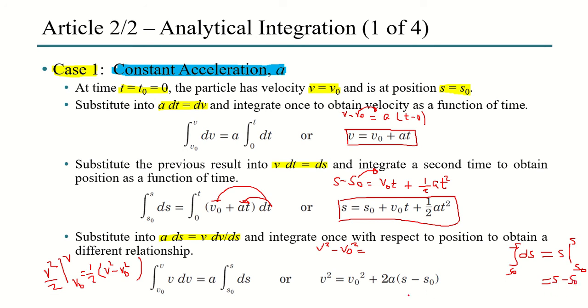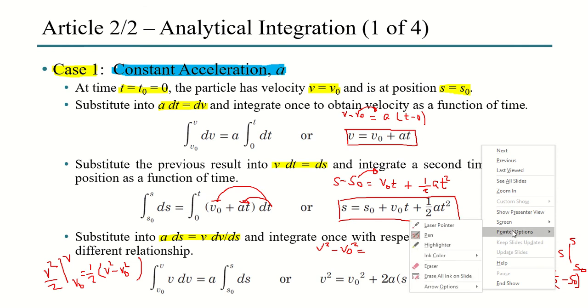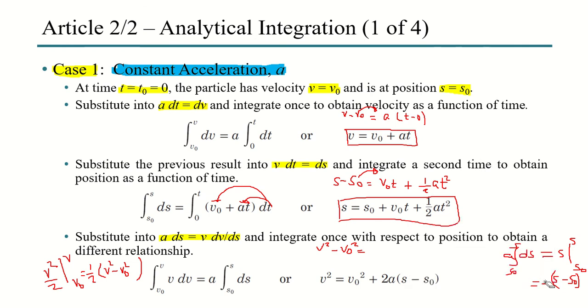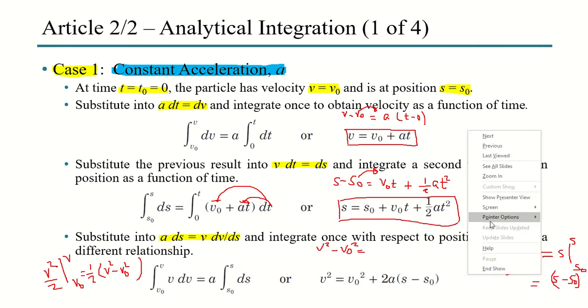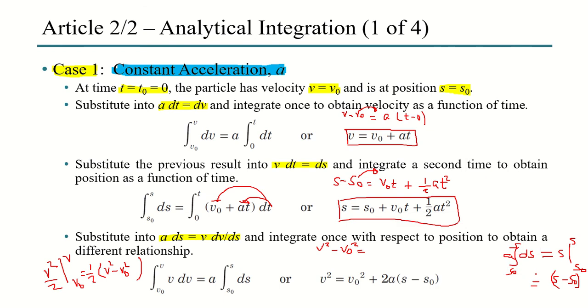And then we have a here, so you still have to multiply this by a. So this is times a. Okay, so this is our equivalent. Then after that you multiply both sides by 2, so that's why you have 2 here. So that's why we have here 2as.